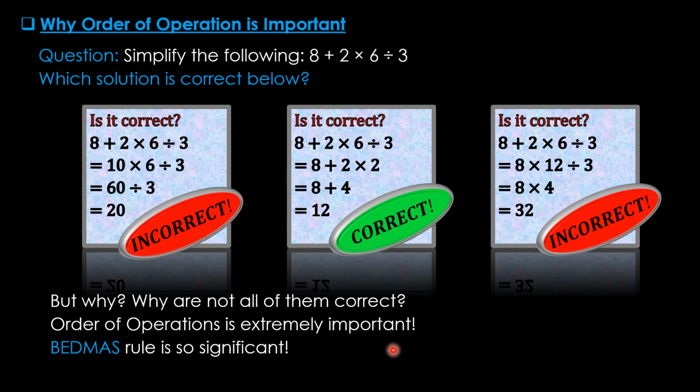All I wanted to mention here is that order of operations is important. This order of operations is correct, but the order of operations is not correct in this solution and this one. That is the necessity of following a specific order of operations in any mathematical simplification.